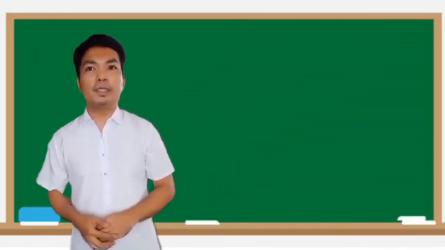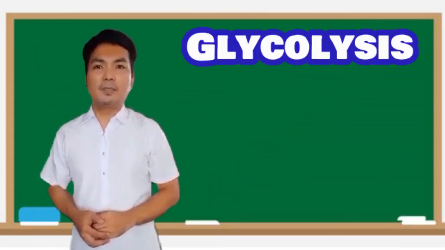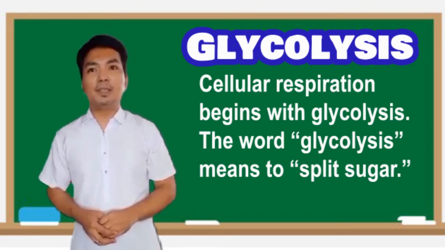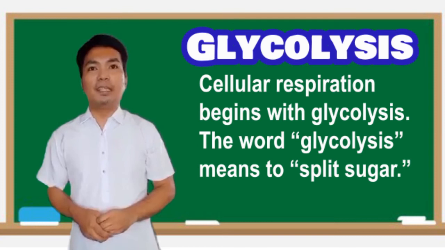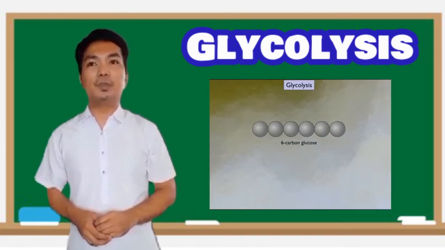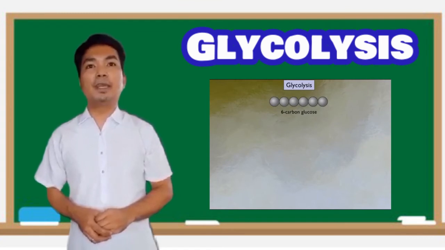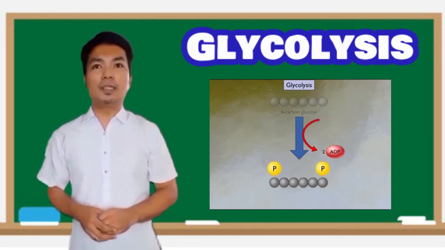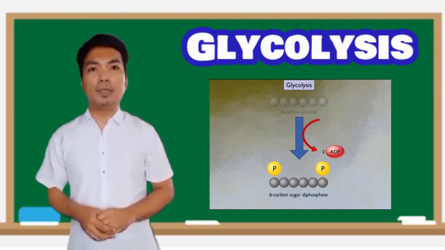The first step is glycolysis. Cellular respiration begins with glycolysis. The word glycolysis means to split sugar. In glycolysis, 1 molecule of glucose or 6-carbon sugar is broken in half by enzymes in the cytoplasm, producing 2 molecules of 3-carbon pyruvic acid or pyruvate.